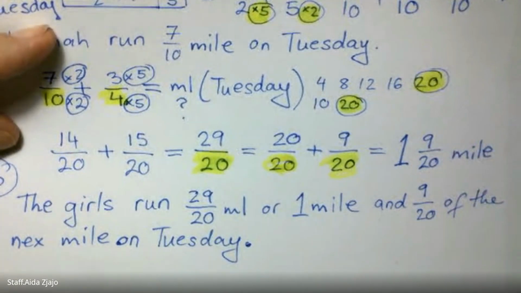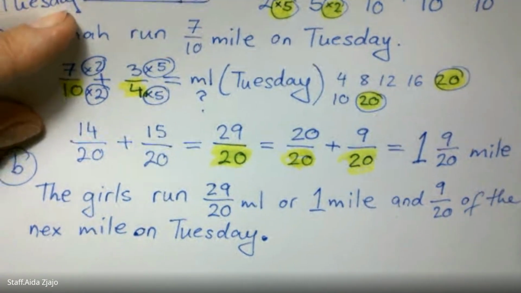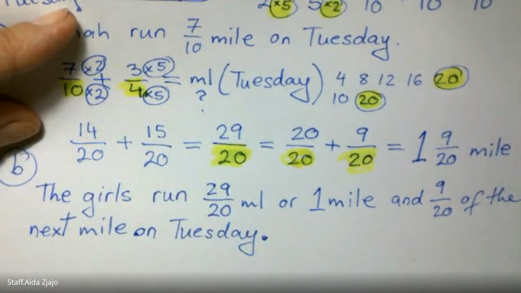The girls ran 29/20 mile, or 1 mile and 9/20 of the next mile.